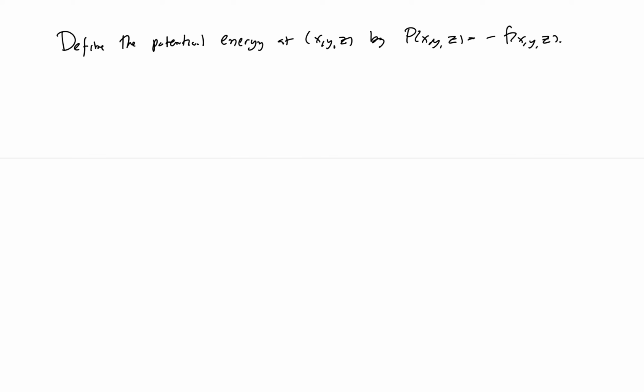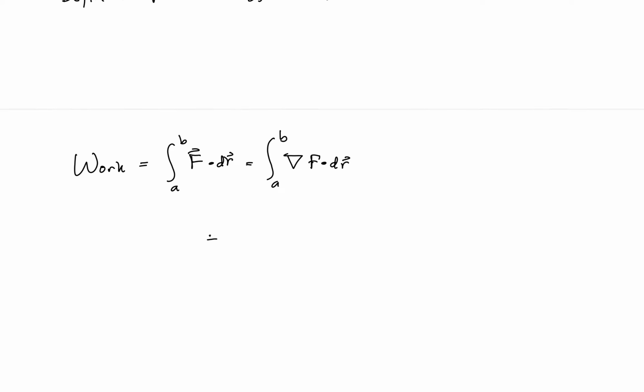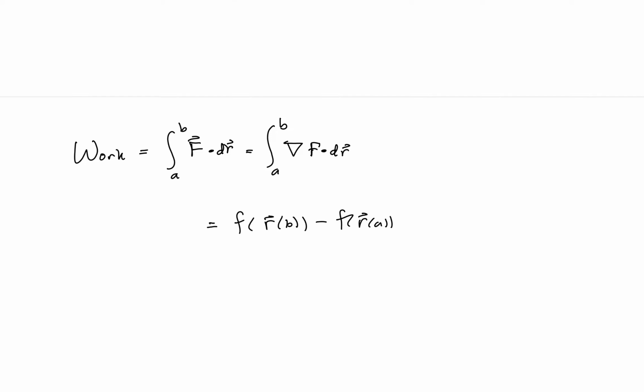Now notice what we have. We can look at the work again, and this is still the integral from a to b of F dot dr. But since we're assuming our vector field is conservative, we can write it as this gradient. And our fundamental theorem of line integrals gives that this is f of r of b minus f of r of a.